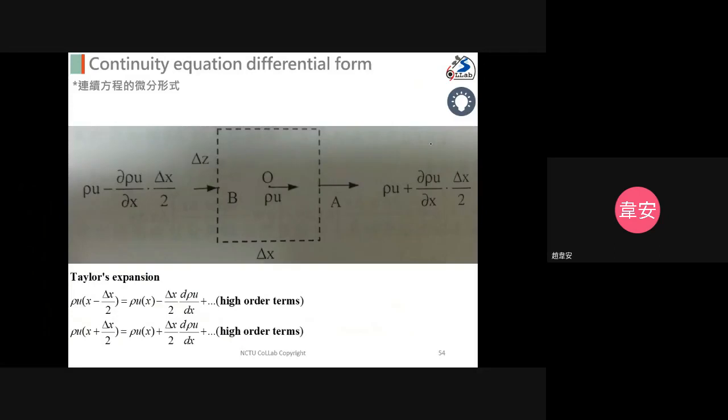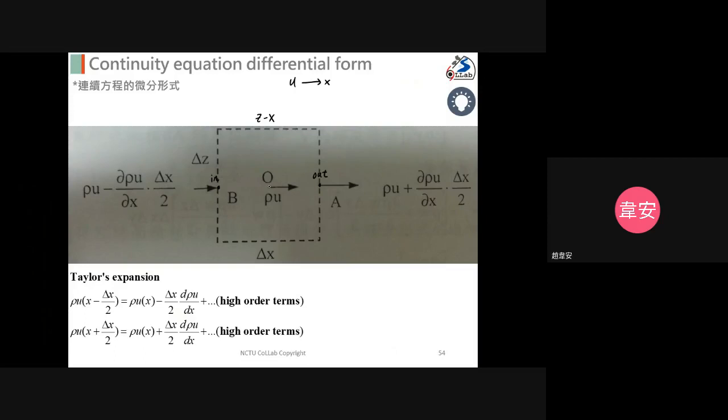So this is the Z-X plane, and the flow direction is along the X direction, so we have the U velocity along X. If we consider one point for the in and one point for the out, we define our control volume, and the dashed line is the control surface.